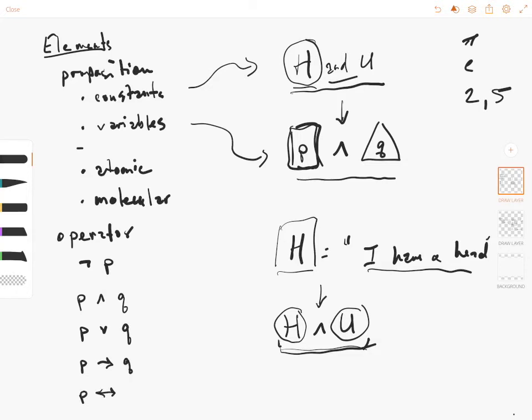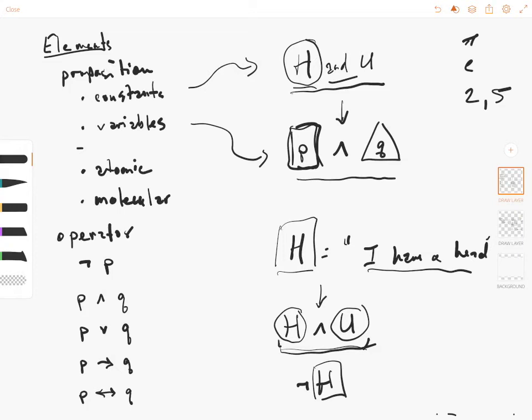So we have at the top of the list, not P. This not symbol means, for instance, it's not the case that I have a headache. So if H stands for I have a headache, that's a proposition, and we can negate that proposition by putting the negation sign out in front of it symbolically.